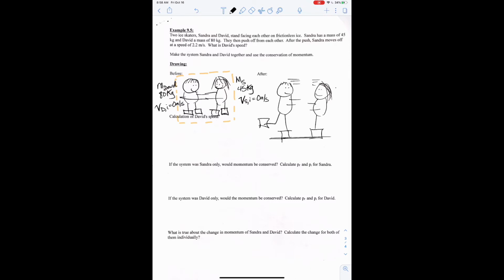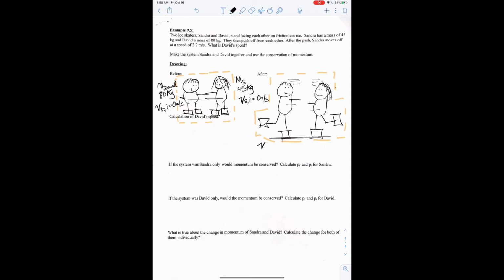I feel like I'm spending most of my time just drawing right now, not even doing physics. So once again, the system is both of them. We're not worried about any external forces like friction, which might cause a change in momentum or an impulse. Let's go ahead and write those final.